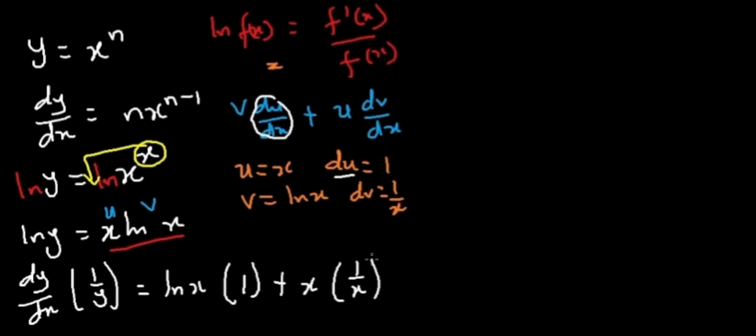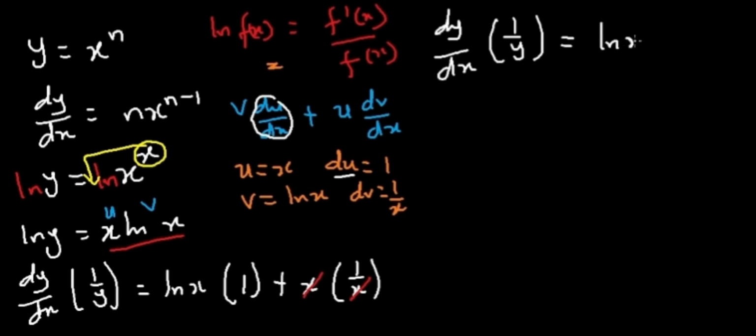From this, I know that this cancels this. Moving on to the next one, I have dy over dx, 1 over y, which gives me ln of x plus 1.